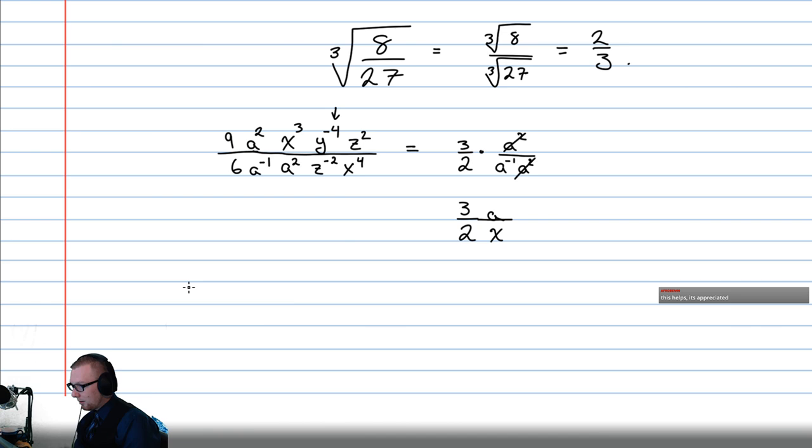There is no other y, but it's got a negative exponent. So you can make it like 1 over y to the power of 4. Yeah, there you go. And next exponent. It will be z to the power of 4. There you go.